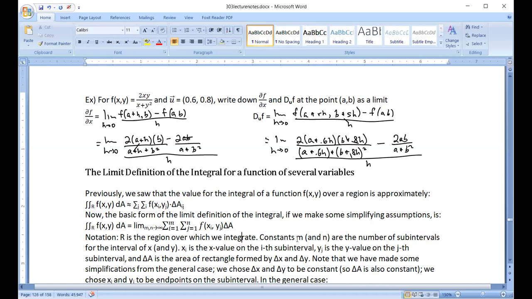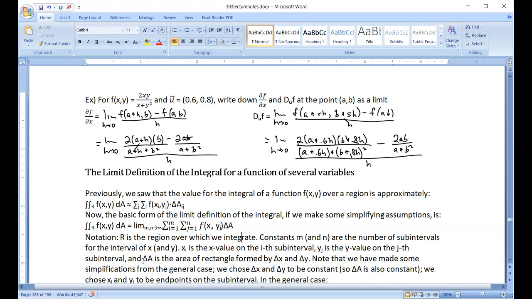Notation: m and n are the number of subintervals for the whole interval for x and then y. And then xi is the x value on the ith subinterval, and yj is the y value on the jth subinterval. And delta A, as I said, is the area of that rectangle formed by delta x and delta y.